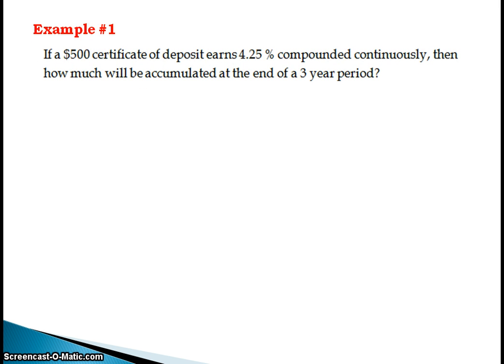Now, our first example here is, again, our $500 CD that earns 4.25%, but now it's compounded continuously. So we're going to use this formula. A is equal to P e to the RT power.